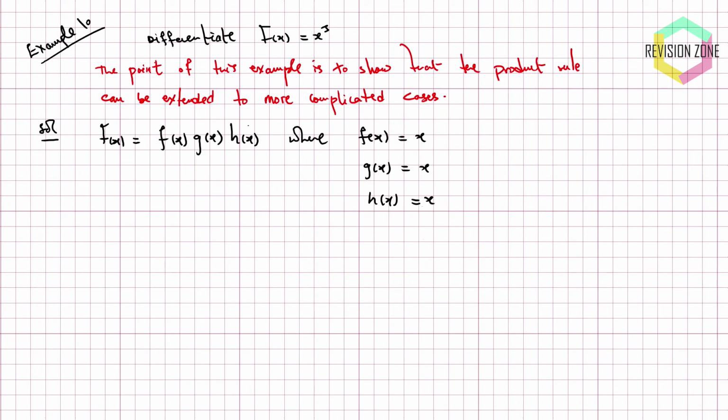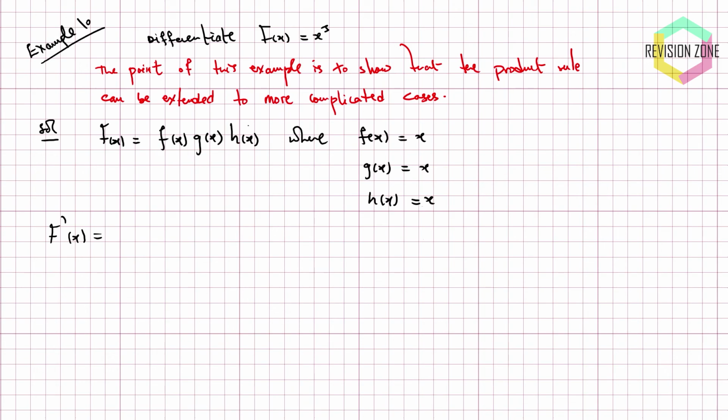And of course, it's unsurprising that when I do f times g times h, I get x times x times x, and that gives me x cubed. So my description of the function capital F being lowercase f times lowercase g times lowercase h is actually consistent, right? So the question is, what would the product rule formula look like for a function which is written as a product of three functions?